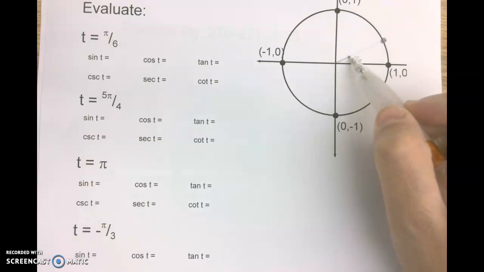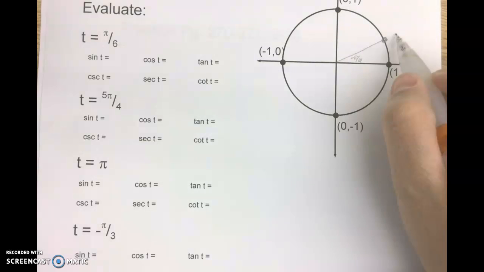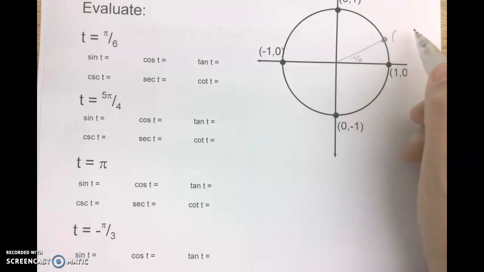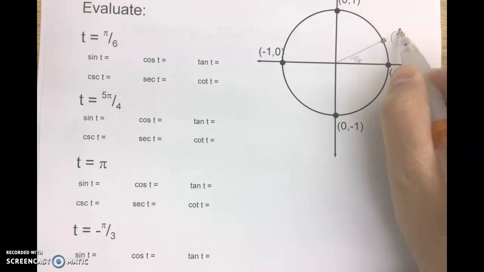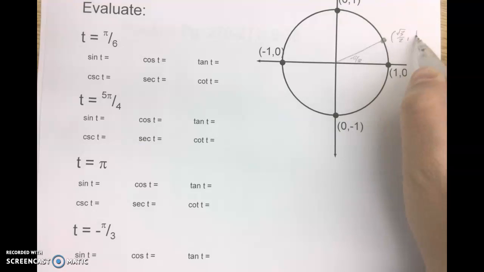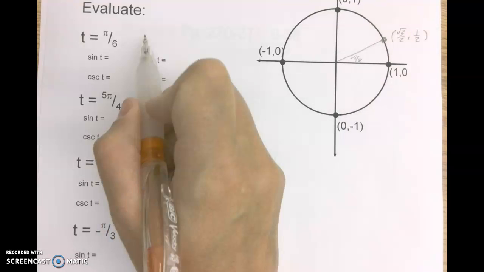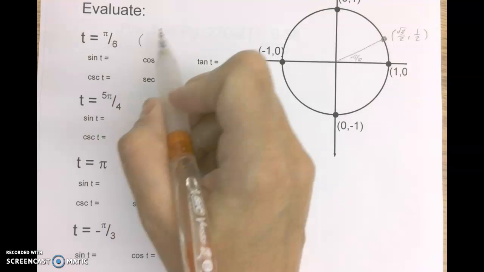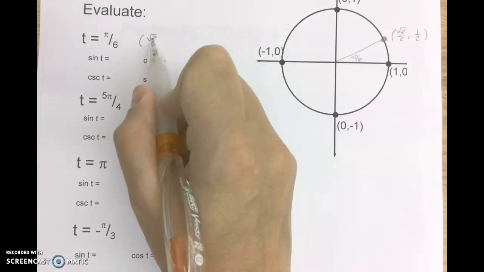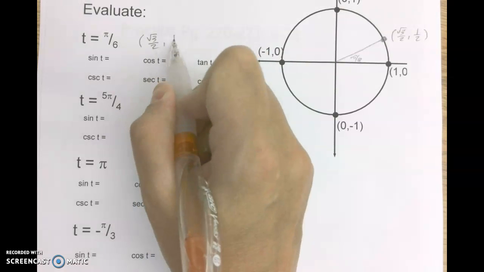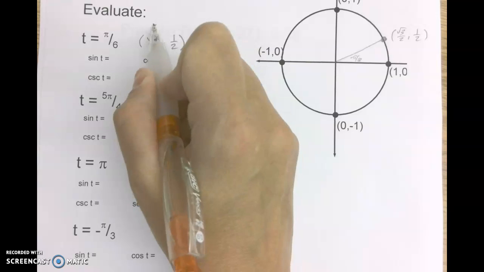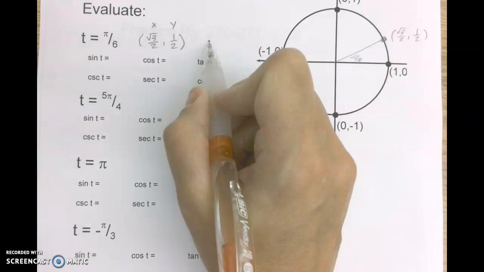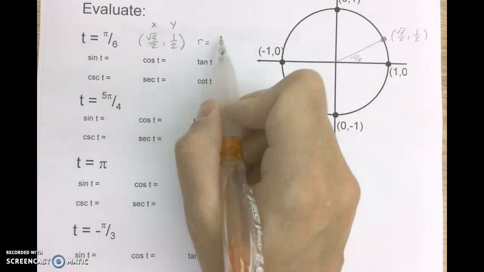That coordinate, which we discovered yesterday, was the square root of 3 over 2 and 1/2. So next to that angle, I'm going to put that coordinate. That's my x, that's my y, and my radius for the unit circle is 1.